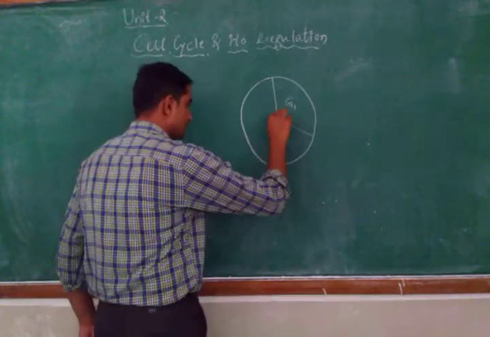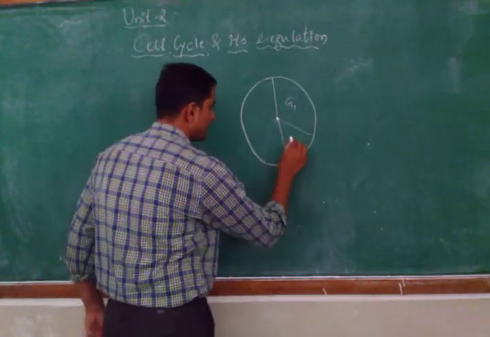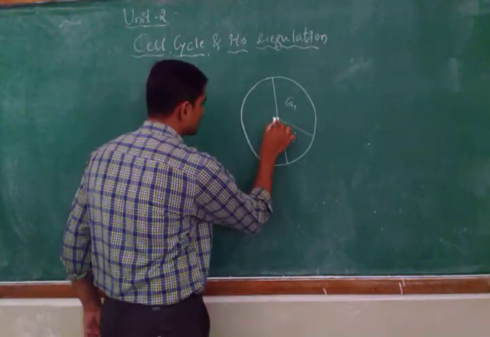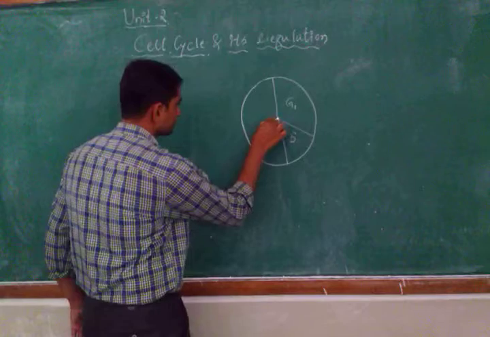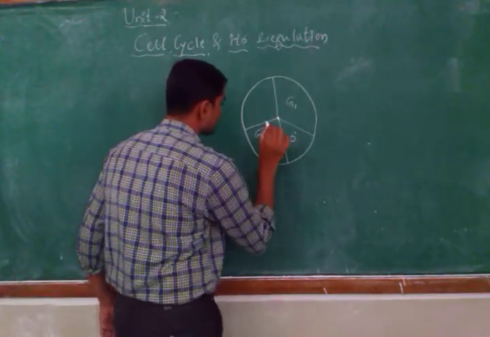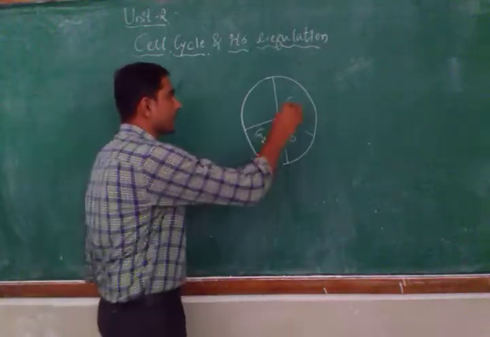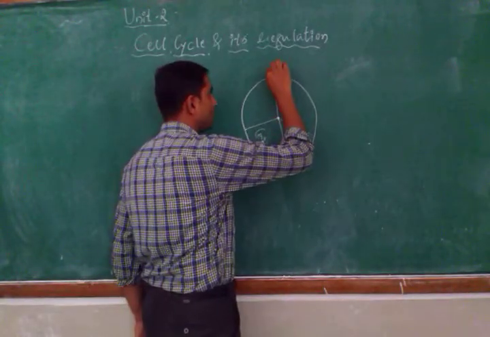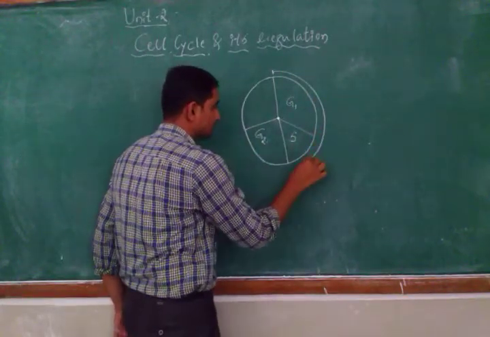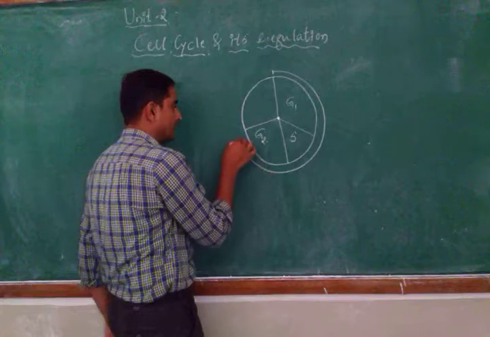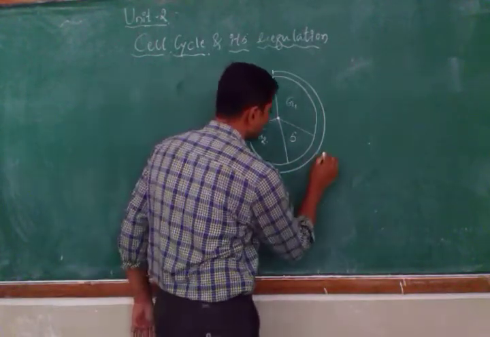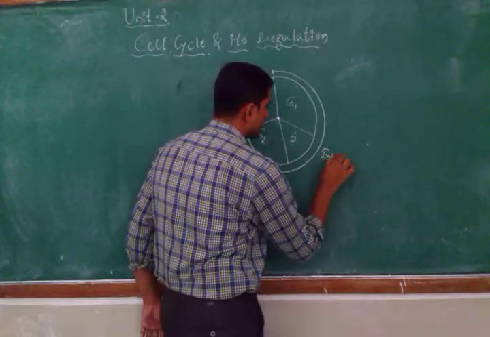The second is S phase, and the third one is G2 phase. So G1, S and G2 all together are considered as interphase. They are recognized as interphase.